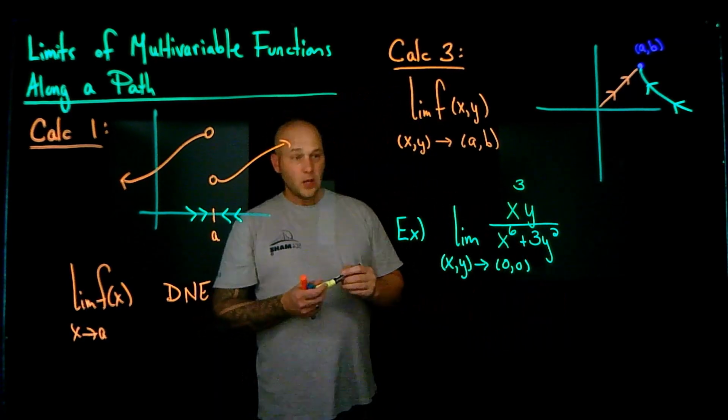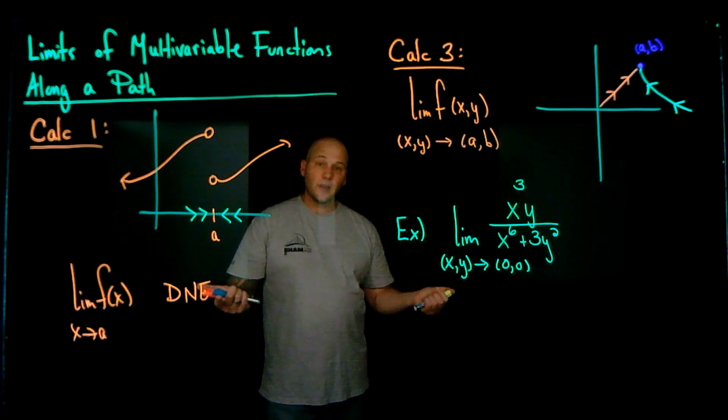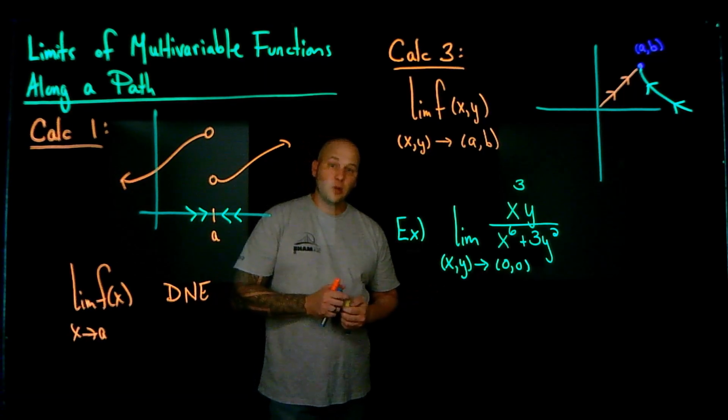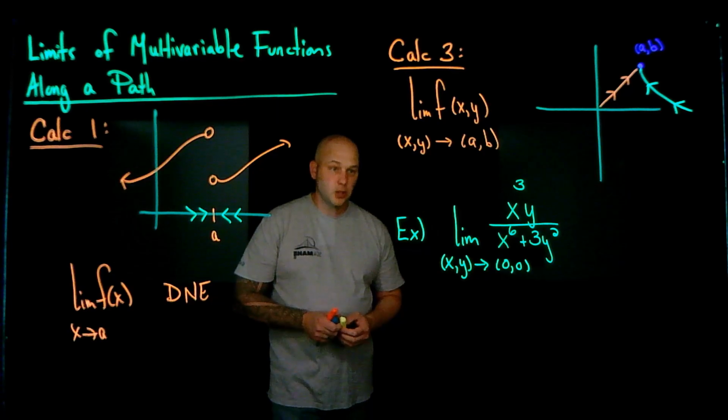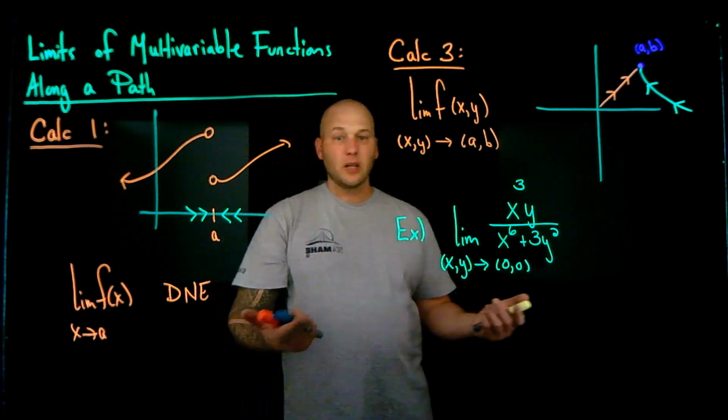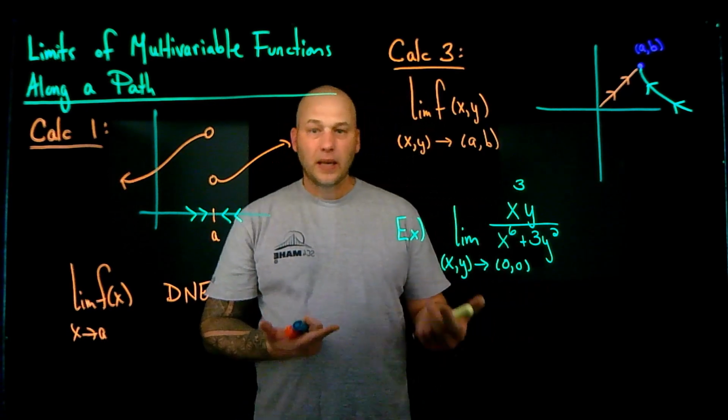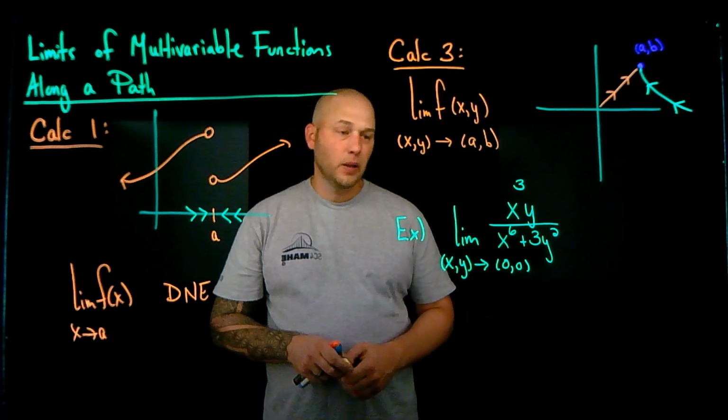Certainly I cannot plug 0 into that, and so therefore I have to do some sort of manipulation. Notice that the denominator isn't going to factor, so I can't try to do some sort of algebraic manipulation.